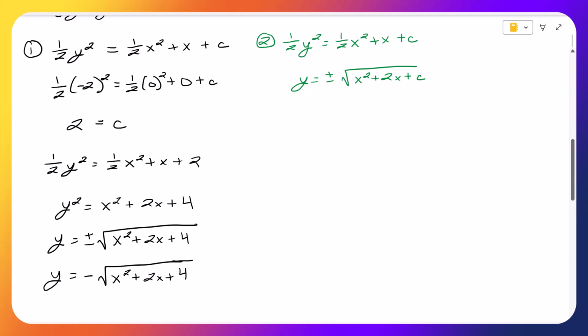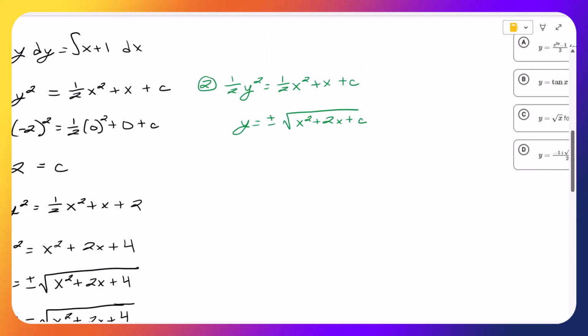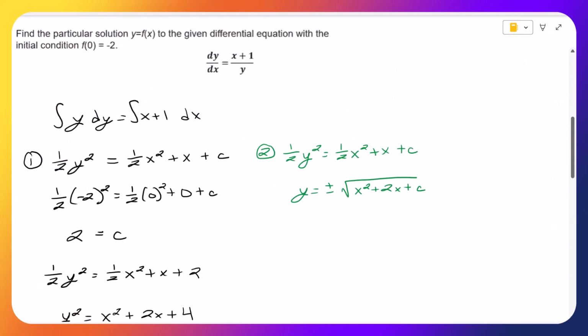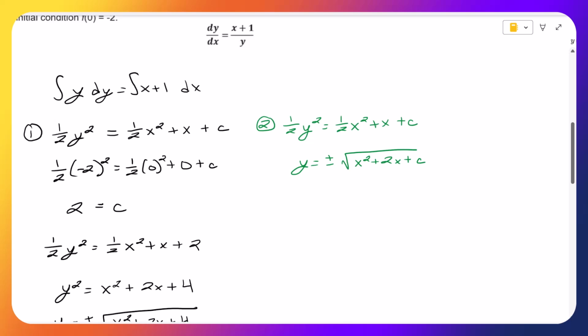And there's my y. Now let's plug in our initial condition. So y should be -2. So -2 equals plus or minus the square root of c.